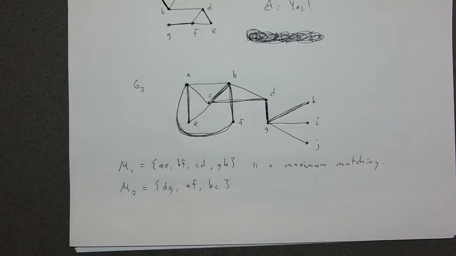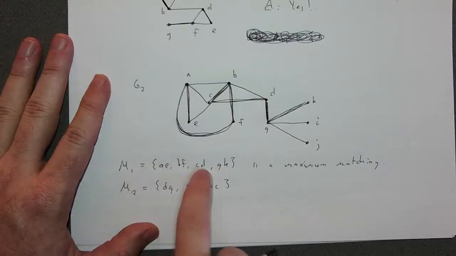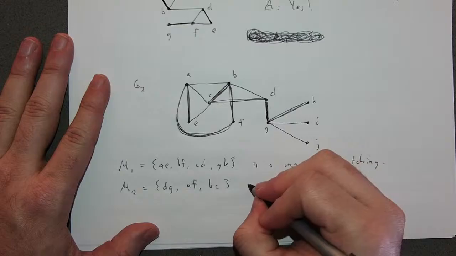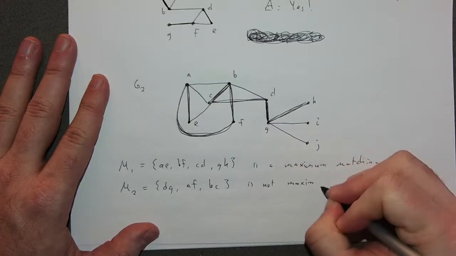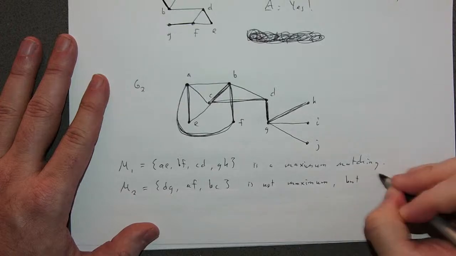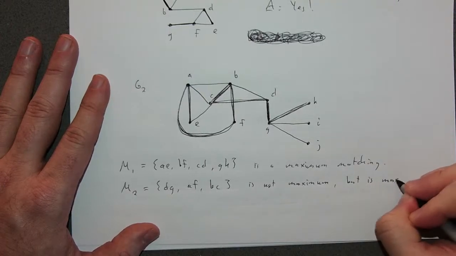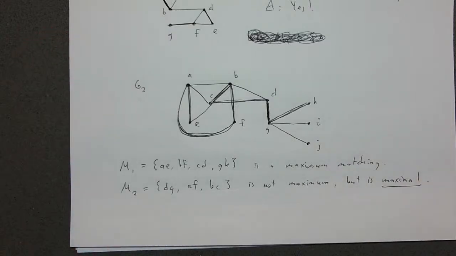This only has 3 edges versus M1 having 4, so this is not maximum, but is maximal. I know this is confusing.